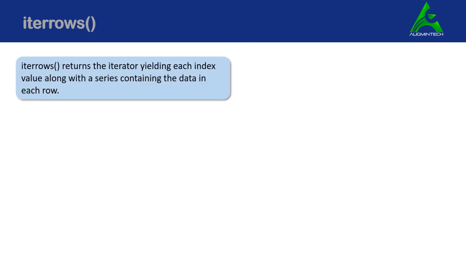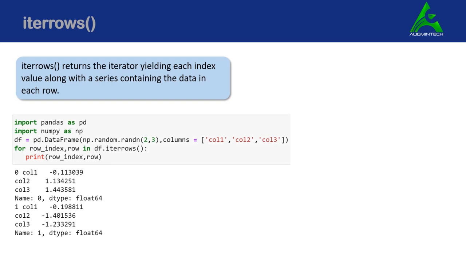Now let's have a look at iter rows method. So iter rows returns an iterator that is yielding each index value along with the series containing the data in each row. So here it's iterating over all the rows that have been created. That is row 0, row 1, row 2, and these rows will have specific column data.